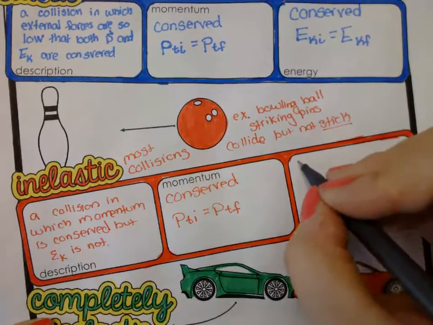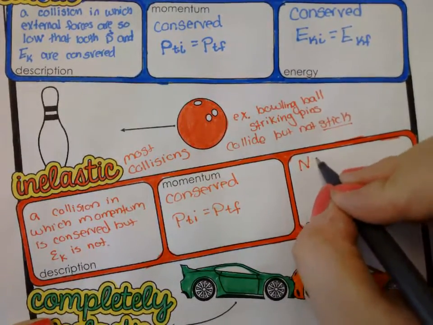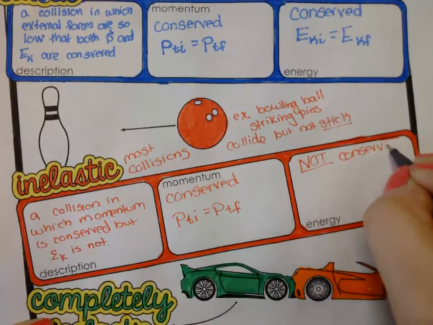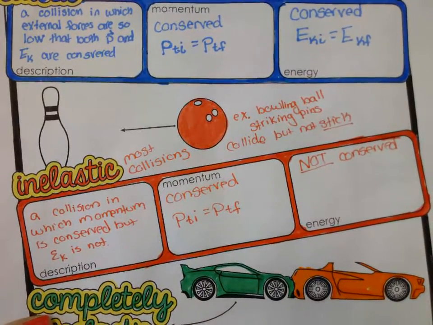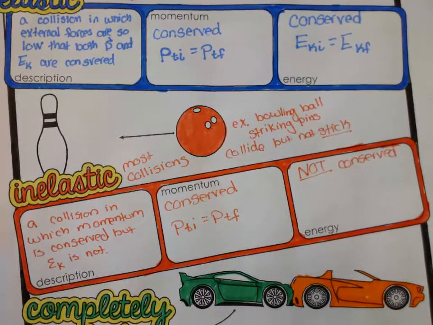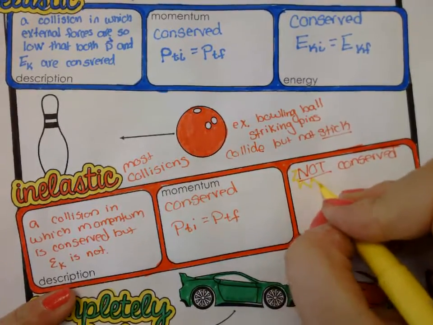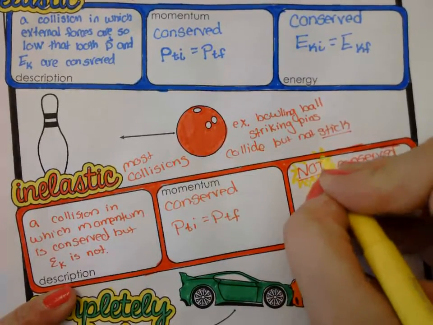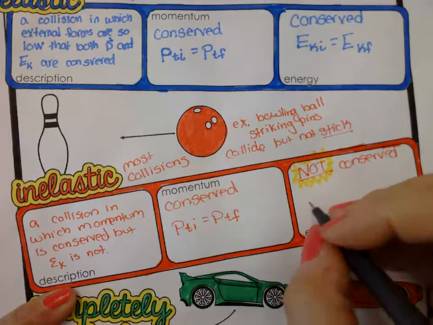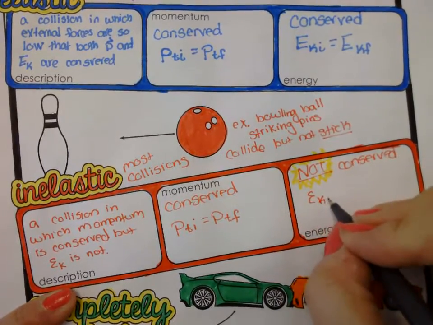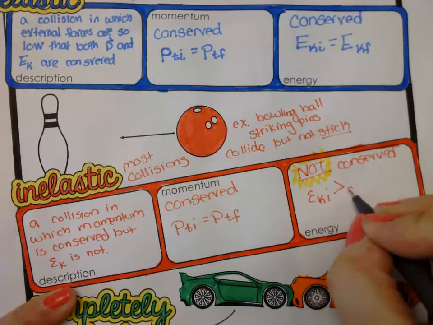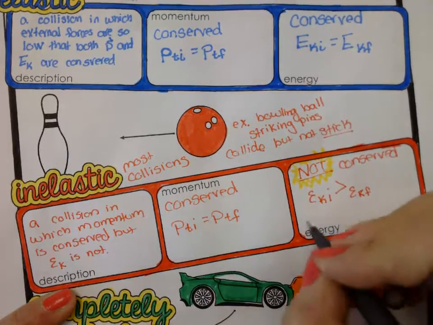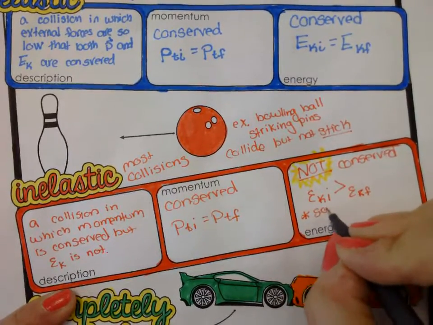In our inelastic collision, kinetic energy is not conserved. So our kinetic energy initial is greater than our kinetic energy final. So some of the energy is transferred, but not all.